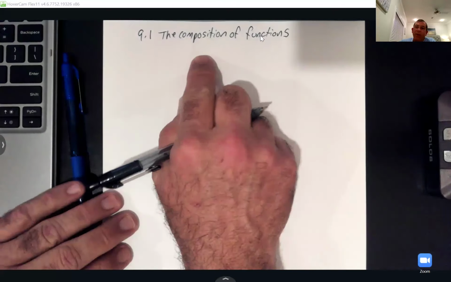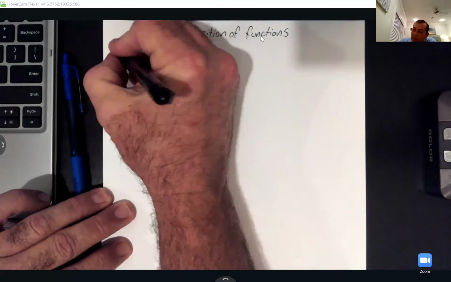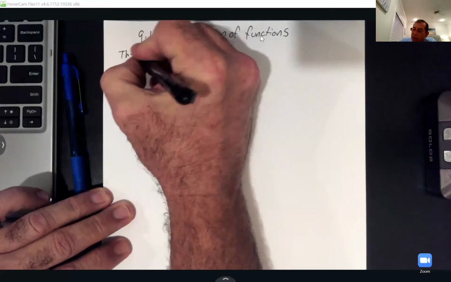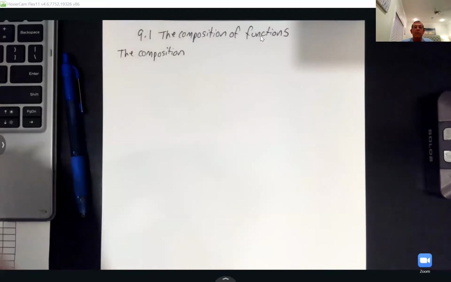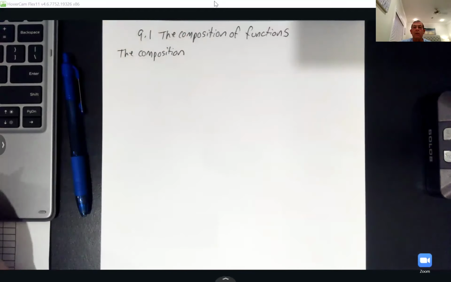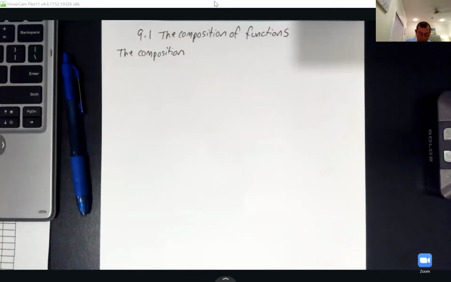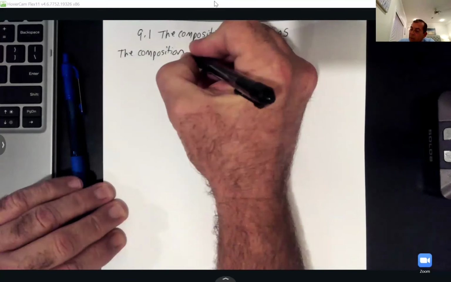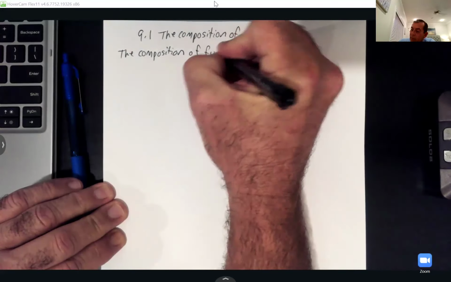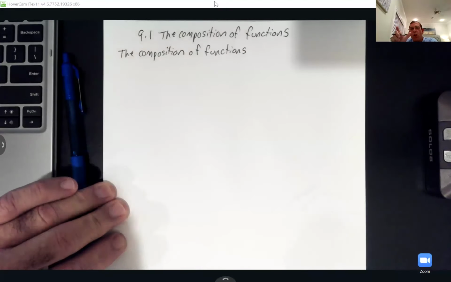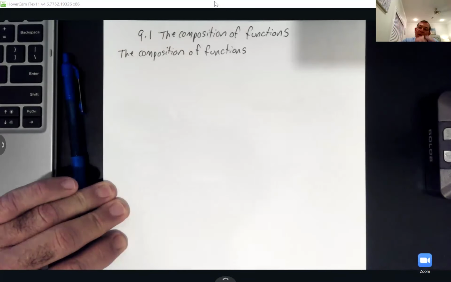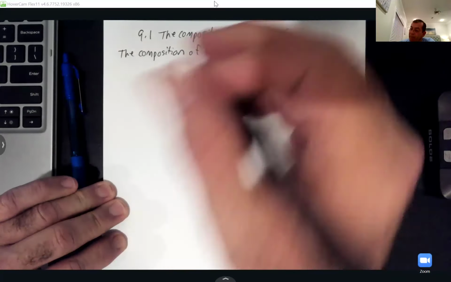Hang on, so when we talk about the composition of functions, the composition of functions is when one function is put into the other function for the variable.